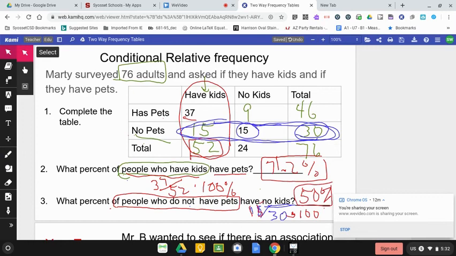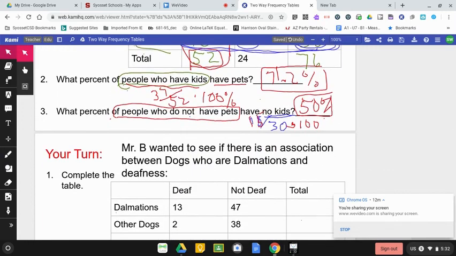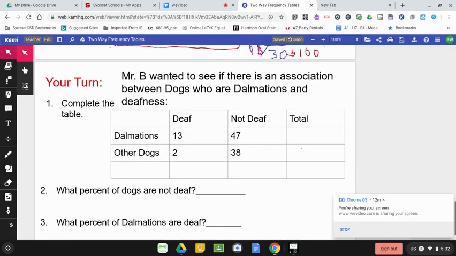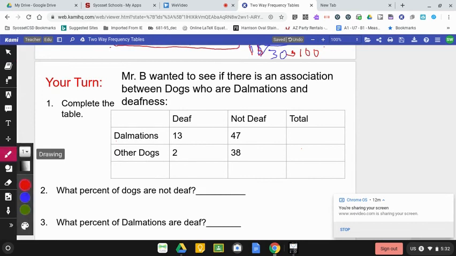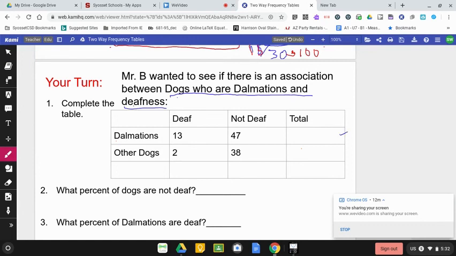Okay, the next one is for you to try on your own. Mr. Balsamo wanted to see if there was an association between dogs who are Dalmatians and deafness. There's been a rumor that Dalmatians have more chance of deafness than regular dogs. So he made a table here. You're going to have to fill in the totals, and then the grand total.